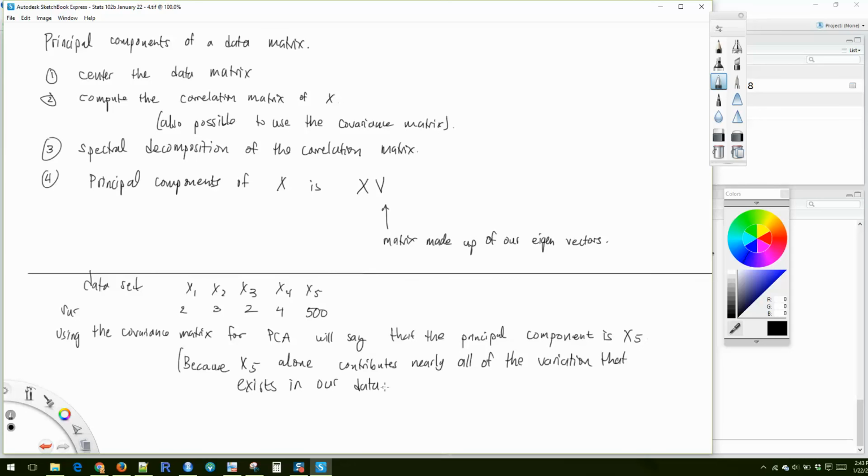Using the correlation matrix, on the other hand, effectively says each of these variables is equally important, because now everything is on a scale from 1 to -1.